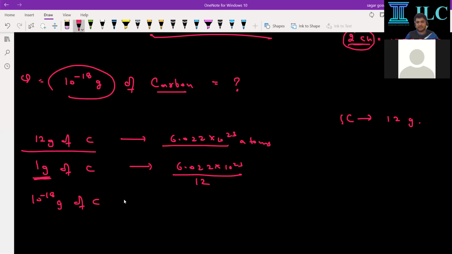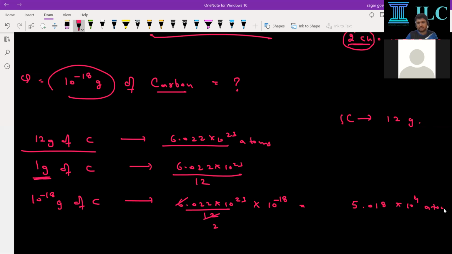So we can do 6.022 into 10 to the power 23 divided by 12 into 10 raised to power minus 18. After calculation, the powers 23 and 18 combine, and it is something like 5.018 into 10 to the power 4 atoms.